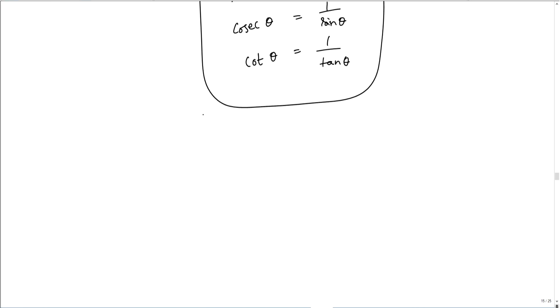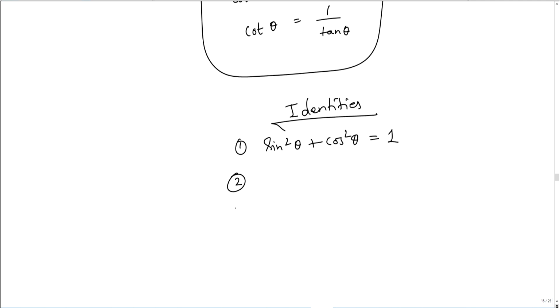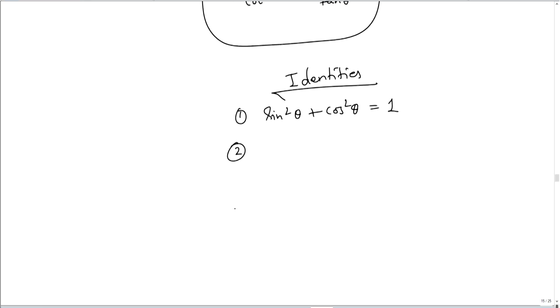Now I will talk about some trigonometric identities. One identity you have already seen is sine square theta plus cos square theta equals 1. We also discussed the proof, if you remember.